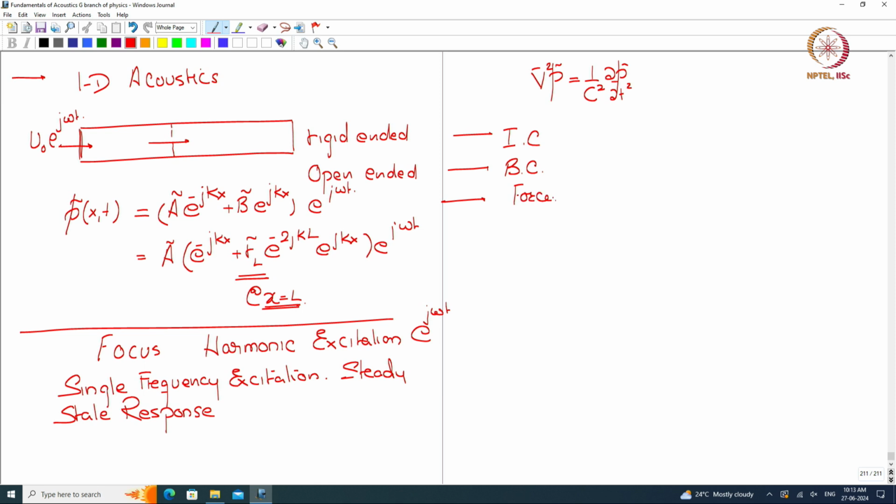Okay. Now initial conditions, the effect dies away due to dissipation, viscosity, or damping, let us call it a general term, damping. And this is reality. In reality this happens.